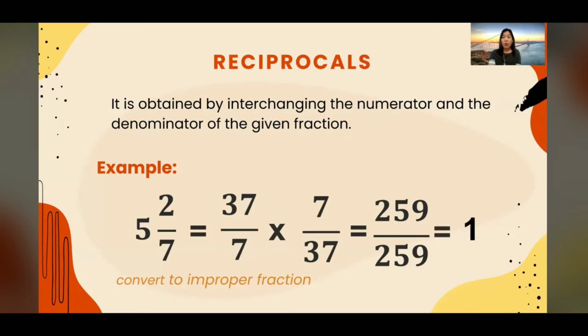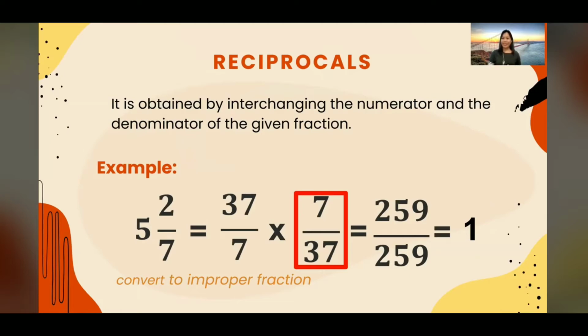So meaning 1 is the final product of 37/7 and 7/37. Don't forget that whenever we divide a number by itself, the answer is always 1. All right? So in this case, 7/37 is the reciprocal of 37/7. Is everything clear? Do you have any questions?